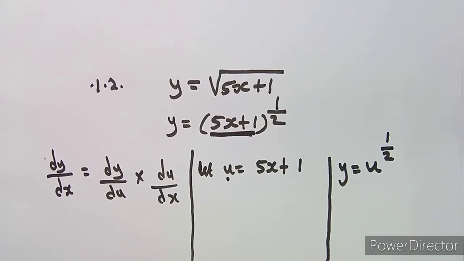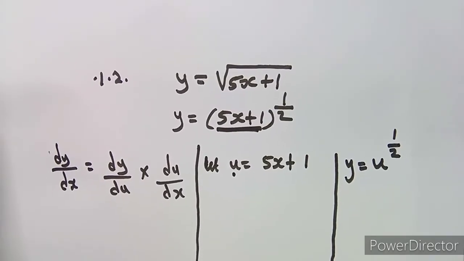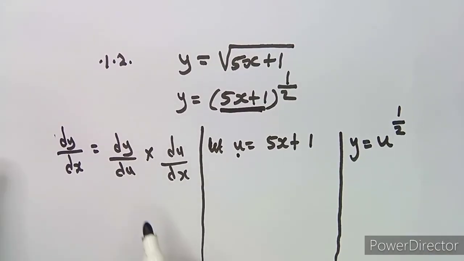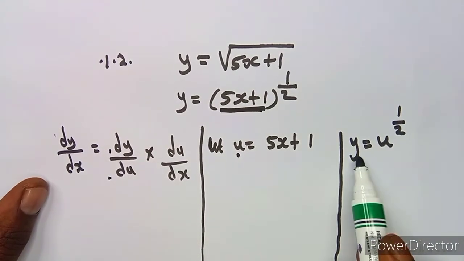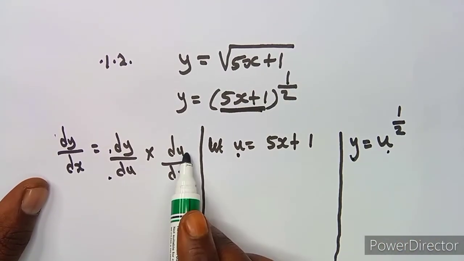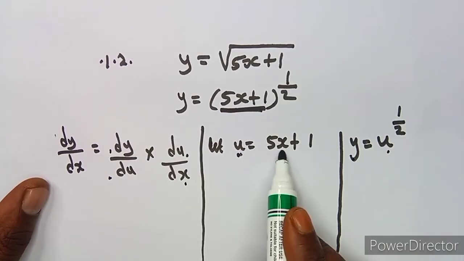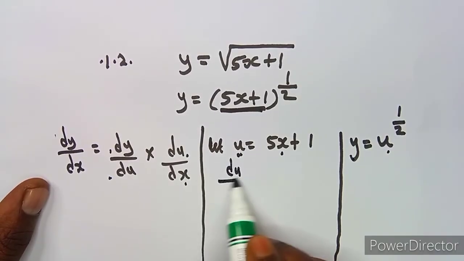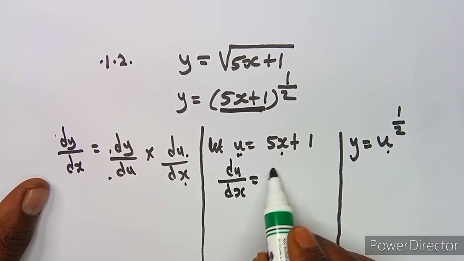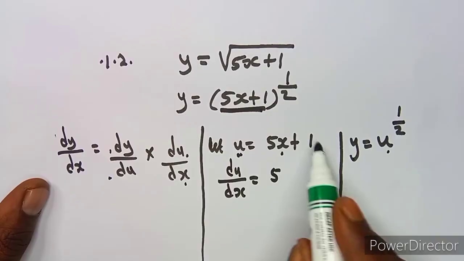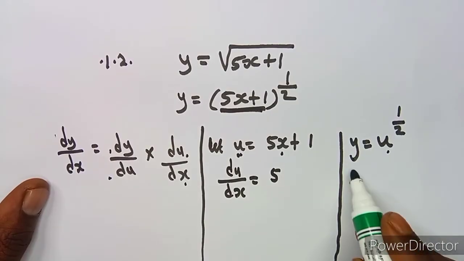How is it important? Because as you can see here, we have the derivative of y with respect to u, so you're supposed to find y with respect to u, and u with respect to x. Okay, so let's find the derivative of u with respect to x. This is going to be 5. Okay, this one is a 0, so there's nothing that you're going to get there.